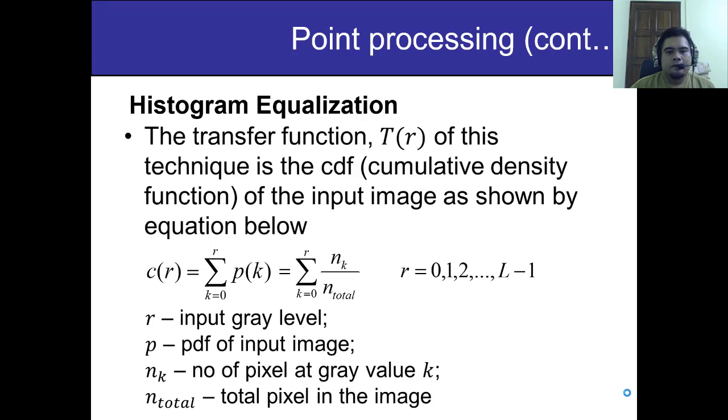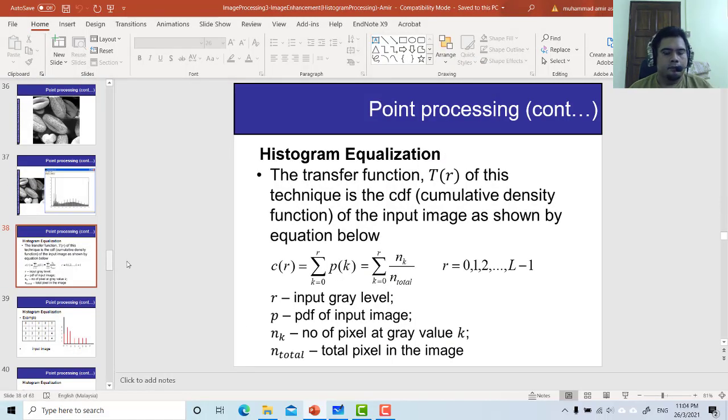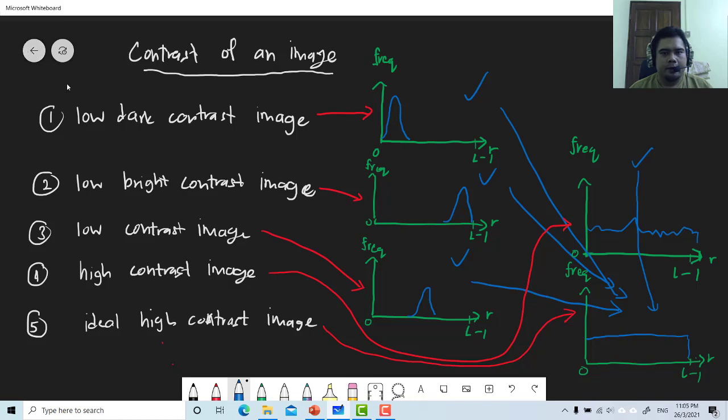This is the formula of histogram equalization. Like I said before, early in this video, I rewrite the equation on my whiteboard there.